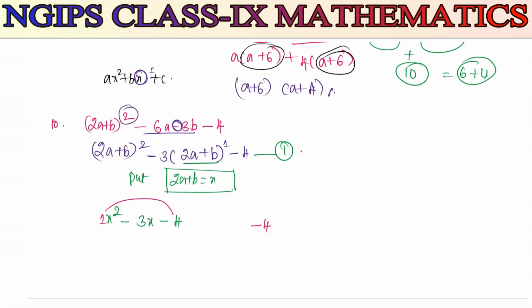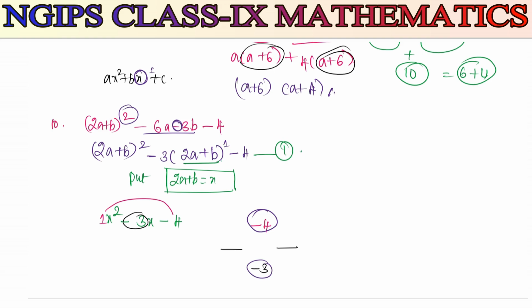And the middle term is minus 3. When you multiply these two numbers, you have to get minus 4, and when you add these numbers without changing the number and its sign, you have to get minus 3. So I can fix two numbers here.